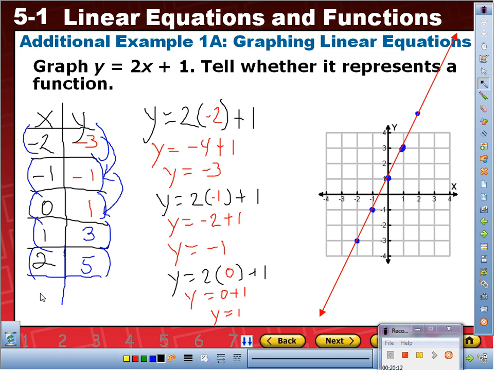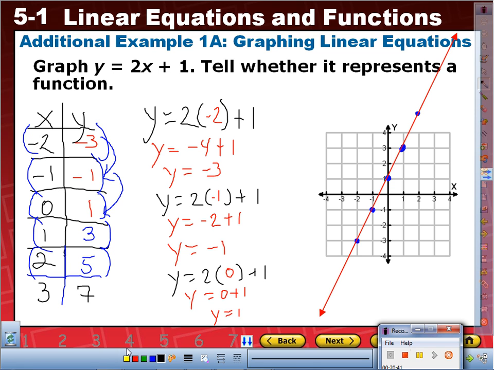And if I was to write another value for x, what value would I write here? 3. And according to my pattern, the next number up is what? 7. So do the same, please. Put that on your table. And since you extended your line, I want you to plot the point, and it needs to fall and hit that line. If it didn't, then your line was crooked or you made a mistake. Okay?